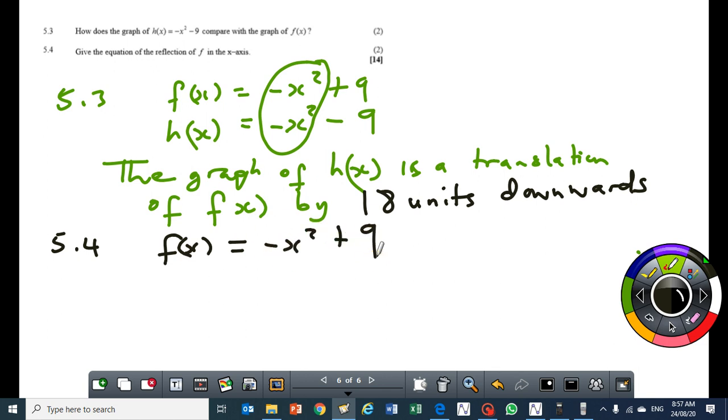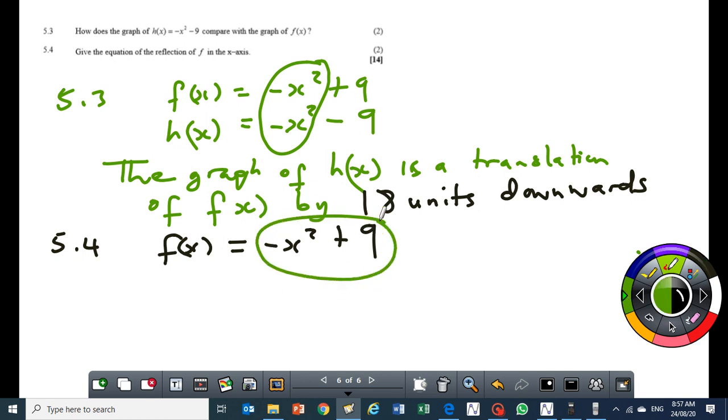I want you to pay attention because what I'm about to say is very important. Your y values in terms of x are these ones here. This minus x squared plus 9, it's a y value. When you put an x value there, you get a y value. So, this must change from being positive to negative or vice versa.